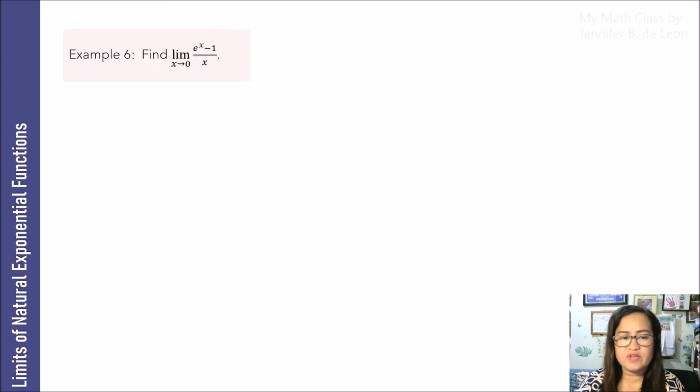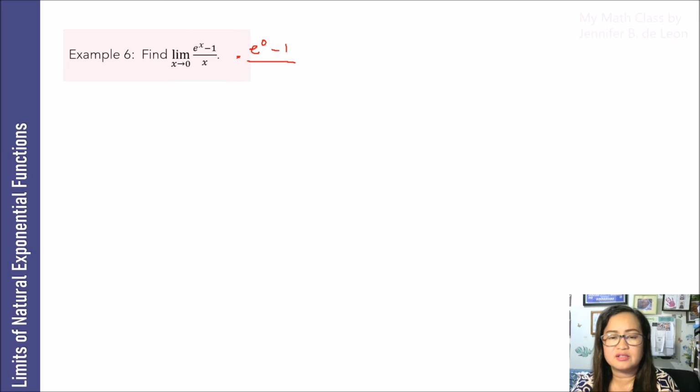Now what if we have a function having e raised to x minus 1 all over x? If we evaluate x at 0, we will see that we arrive at one of the indeterminate forms.